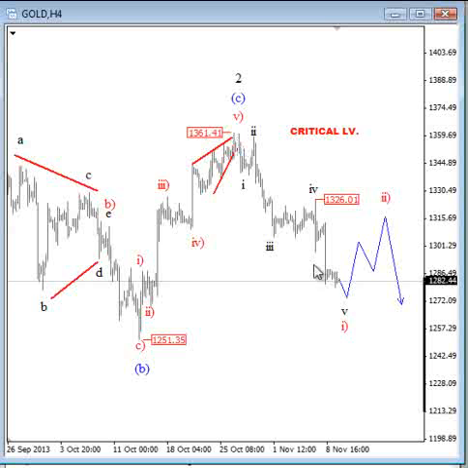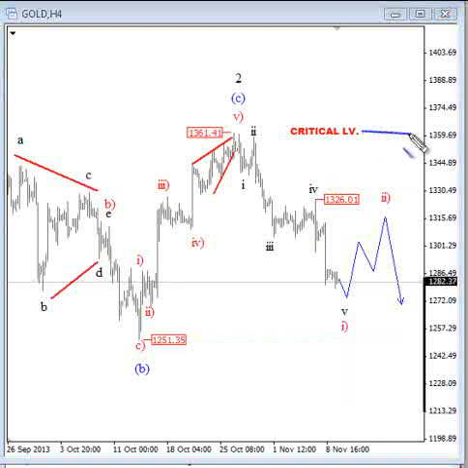However, after every 5 waves, a correction will follow, so I do not expect any immediate weakness here, especially not as long as we are above this 1250 support. So I would love to see a 3-wave bounce and the reversal back into the former wave 4, and then a move to the downside. But in either case, of course, the invalidation level is here. So as long as this critical level is in place, I will be looking to the downside.